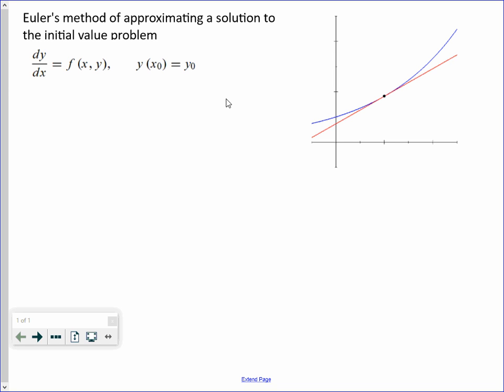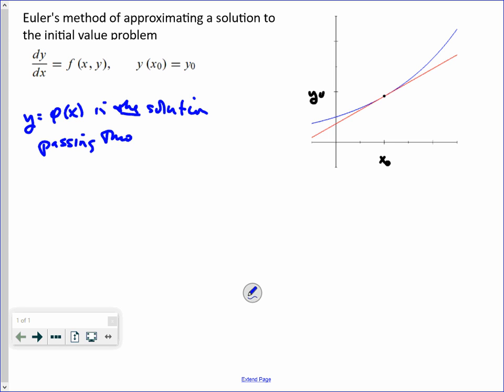So if you look at the picture here, I've got some point x0, y0, and the solution, we're going to use the book's notation, y equals phi of x, is the honest to goodness solution passing through x0, y0.